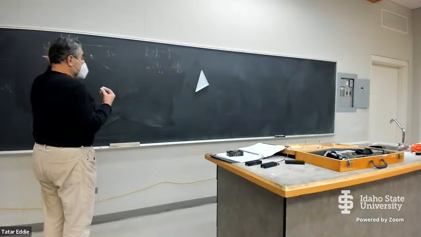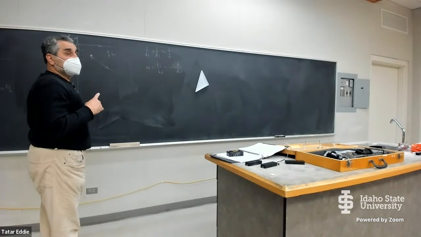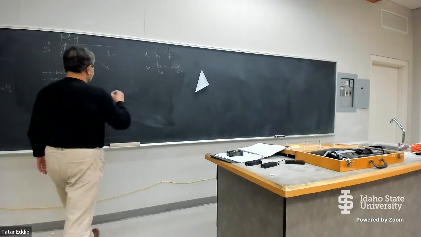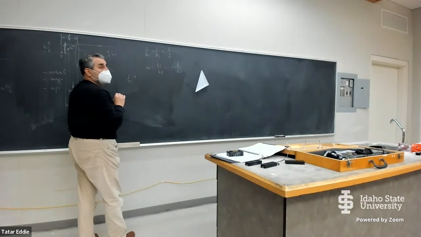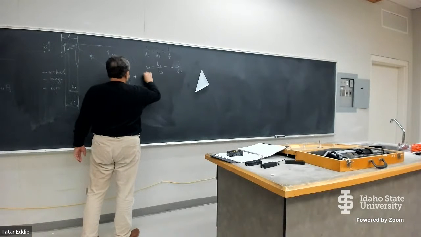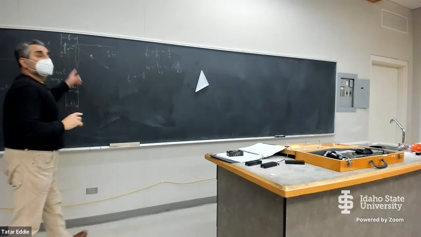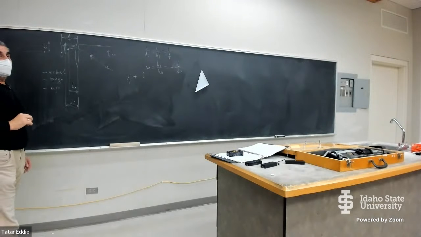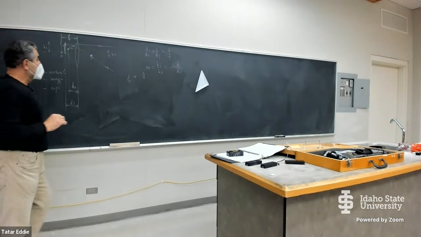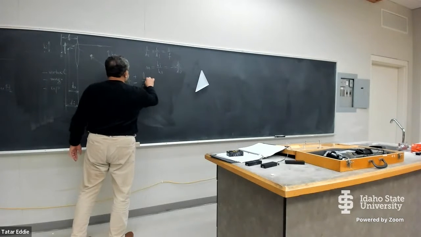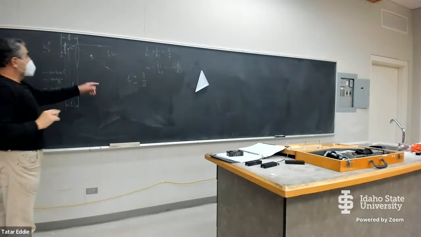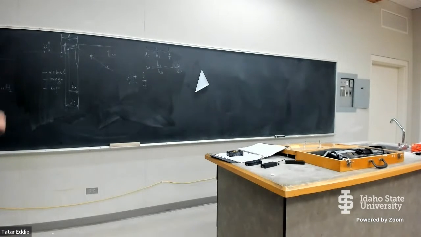So let's write down the sign convention for lenses. The focal length is a positive number if the lens is a converging lens, like the lens that we worked with until now. And the focal length is a negative number if the lens is a diverging lens, which we're going to deal with in a minute.